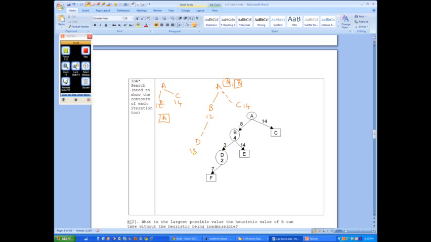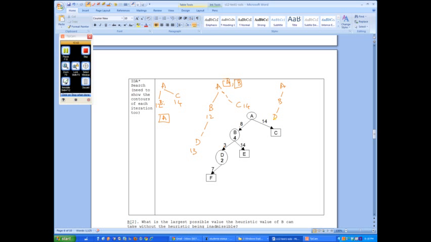Okay, so the F cutoff is 12, and D is the first node that is crossing it. So you essentially will include D in the next iteration. So the next tree you will be looking at is A, B, D.